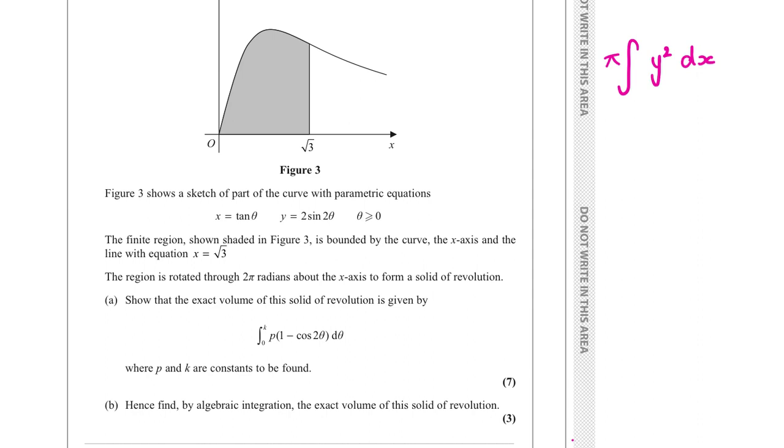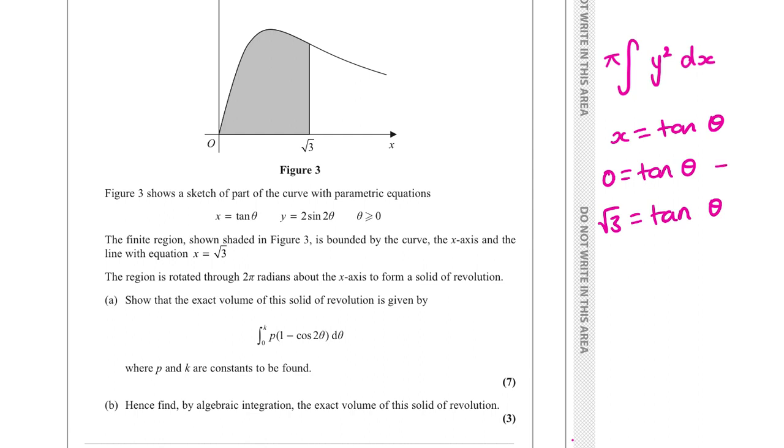So if we know x equals 0 and x equals root 3, we can already start by changing our limits, by substituting them into here. So step 1, if x equals tan theta, we have 0 equals tan theta, and we have root 3 equals tan theta. So in my calculator, I'm going to make sure I'm in radians, and I'm going to find what these are.